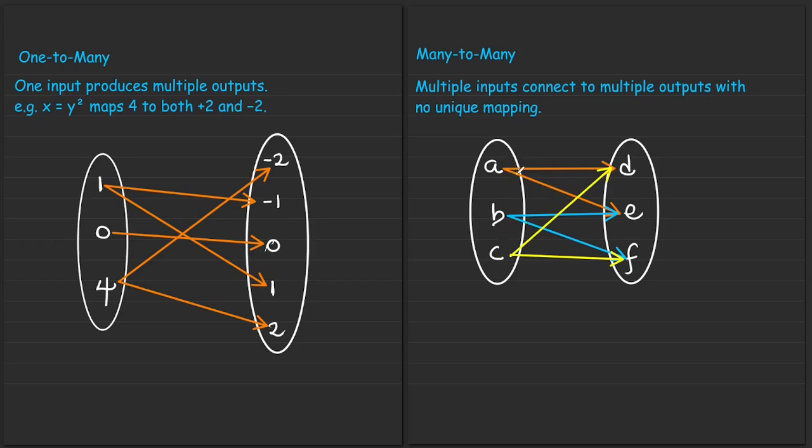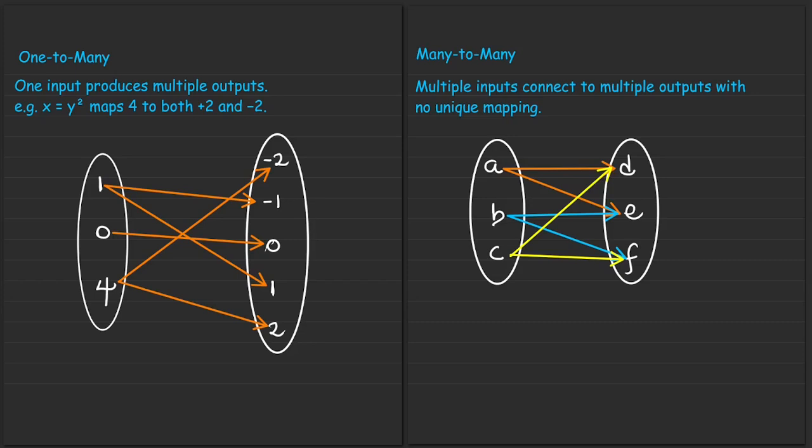You can see two lines being produced from A, that is with the golden or orange color. And for D itself, there are two lines, the yellow and then the orange as well. All of these have multiple lines connected to them or away from them. That is what we call the many-to-many mapping. This type of mapping is also not a function.